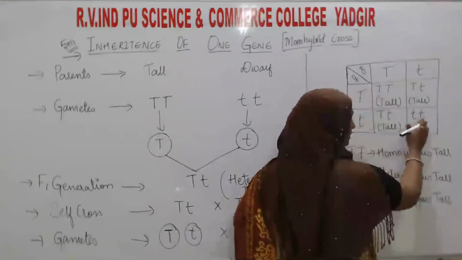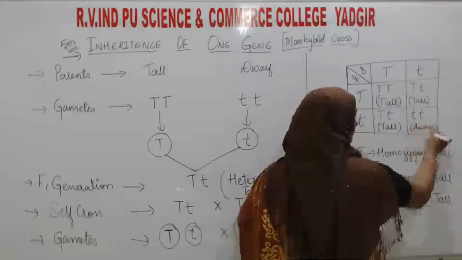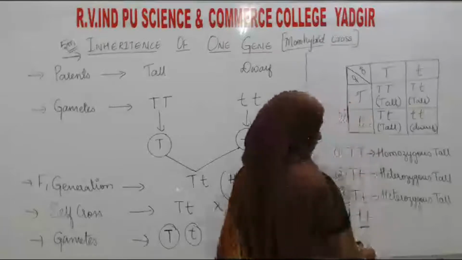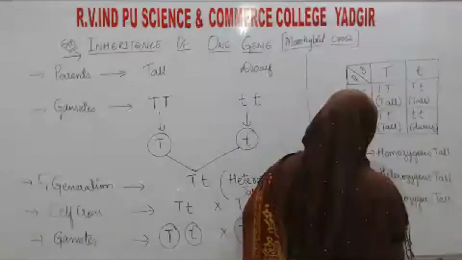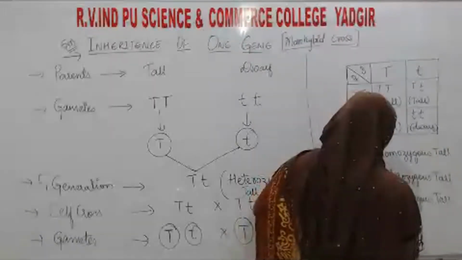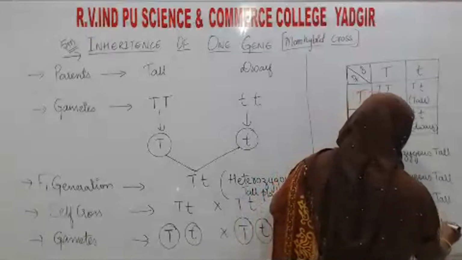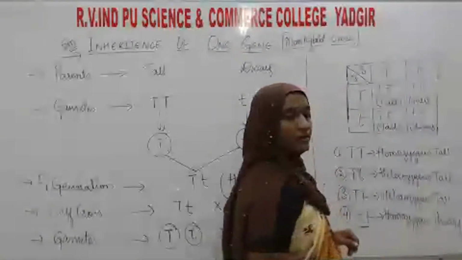Last one, small t, small t, is the dwarf. Fourth one, small t. They both are same, they are similar genes. So this will become homozygous dwarf. Okay.